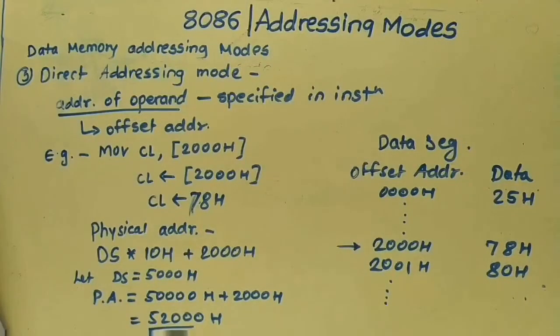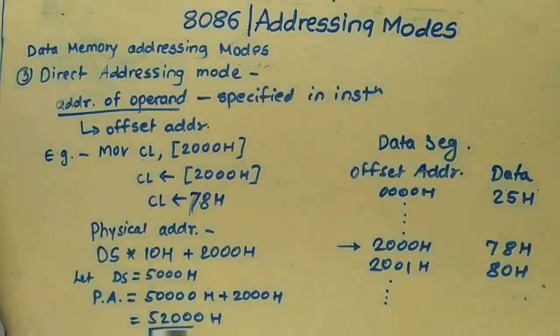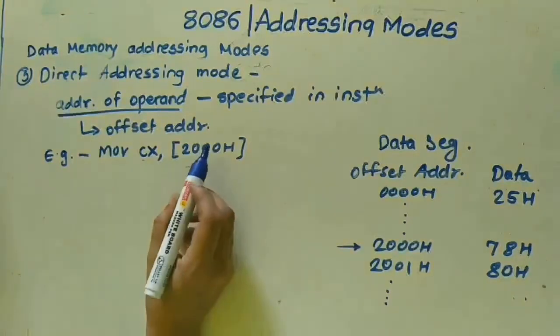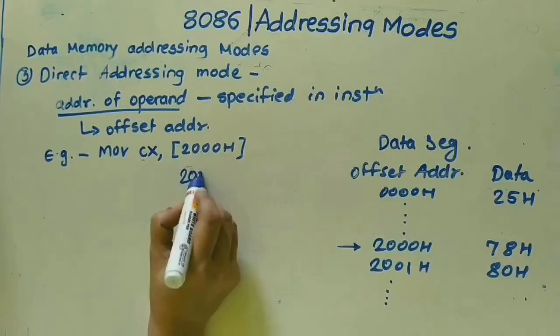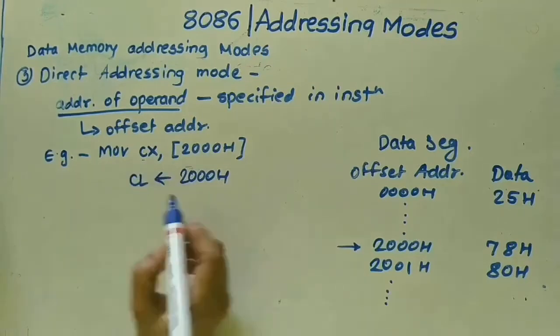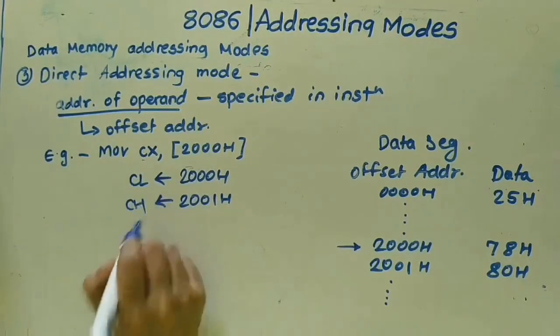Similarly here, if the register is the CX register, for this instruction what happens, the data from location 2000H is moved to the CL register, and from 2001H is moved to the CH register.